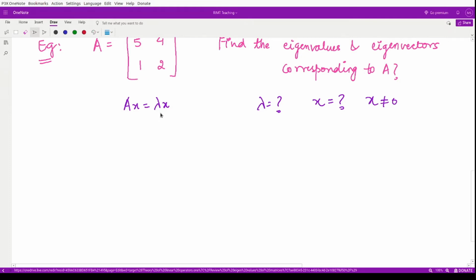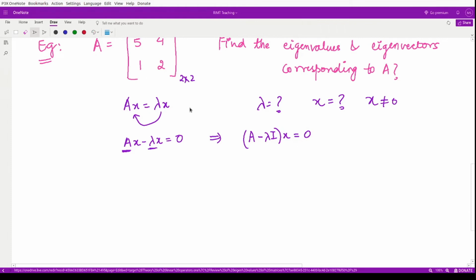Now I can shift this term to the left hand side so that I would have Ax minus lambda x is equal to 0. Now if you write this in terms of matrices, because A is a matrix, this also has to be a matrix in order for these to be comparable. So I may write this as A minus lambda I, where I is the identity matrix of the same order. Here in this case we have the order 2 cross 2.